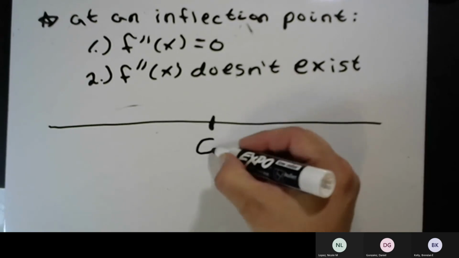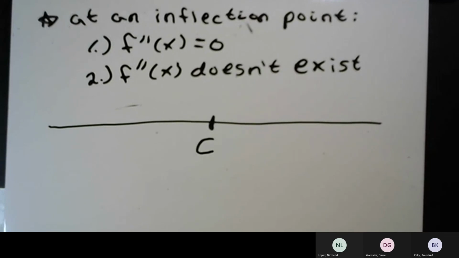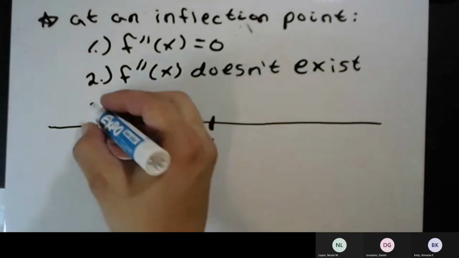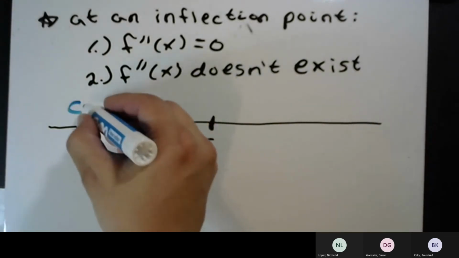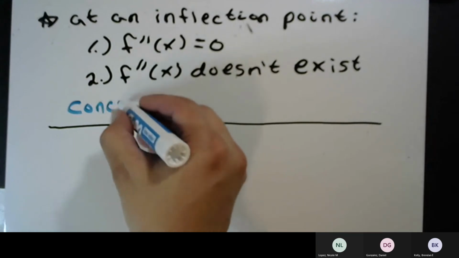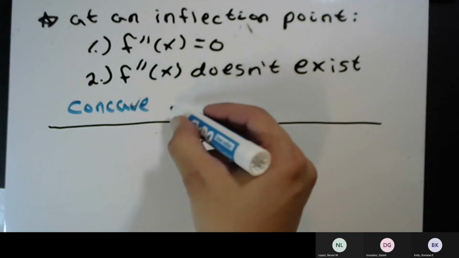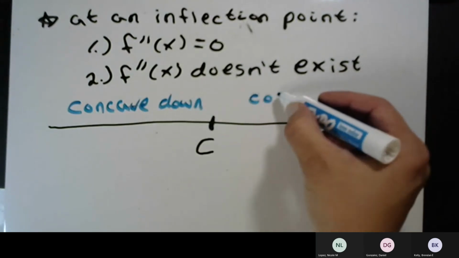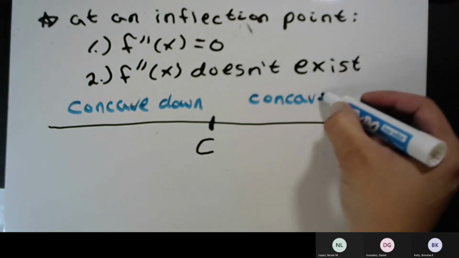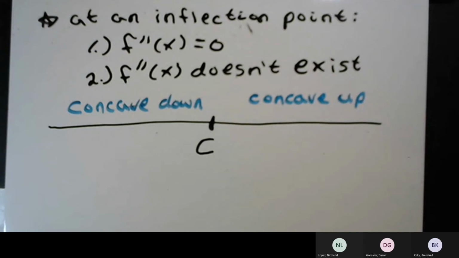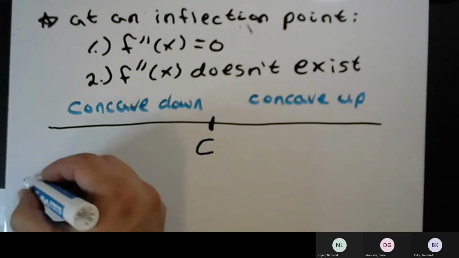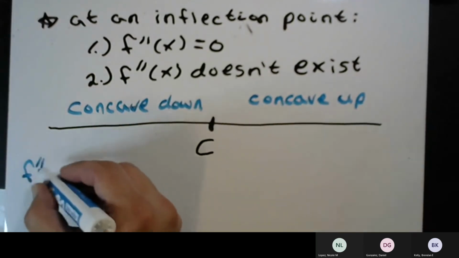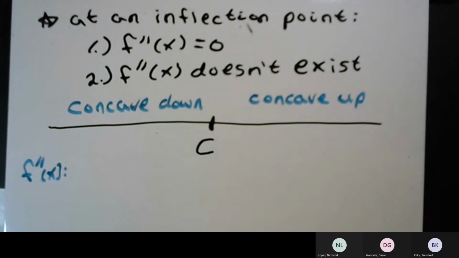So I'll stick with the convention. I'd be tempted to use a different one. But let's say we have concave down, and then we have concave up. And we're talking about f double prime of x. We're going back to that second derivative test.